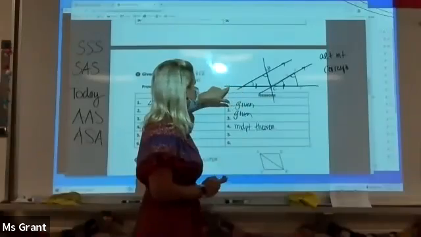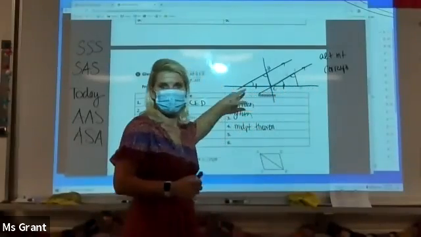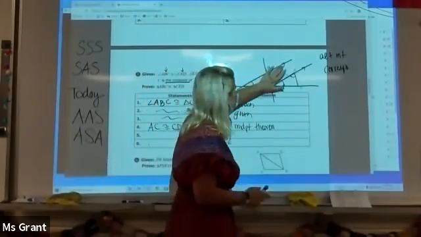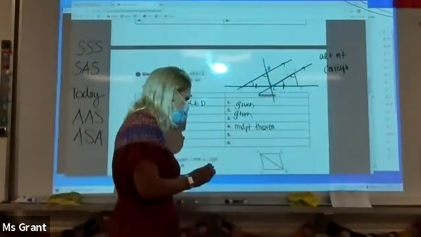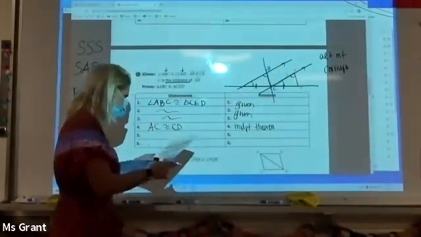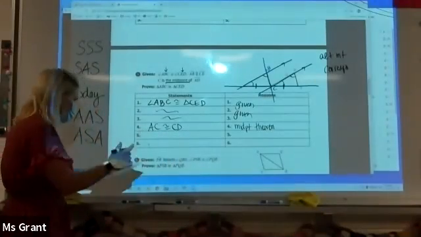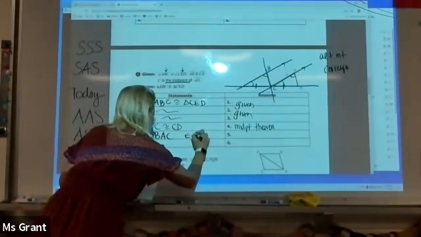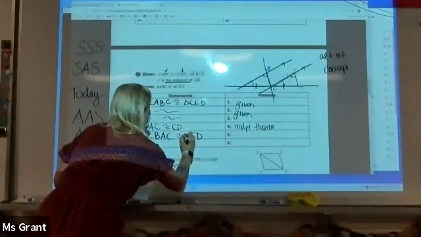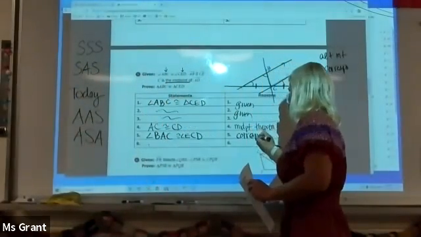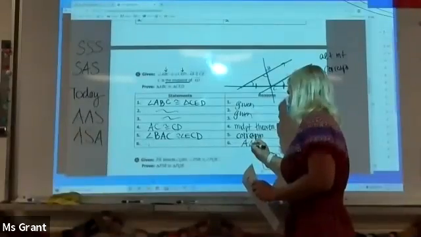The transversal that we're talking about is this flat transversal. So there are 2 transversals, and you have to figure out which one we're using. Angle A and angle C. But I can't write it as angle A. I have to actually say the 3 letters with A in the middle and C in the middle. BAC and ECD. Corresponding. And then angle, side.